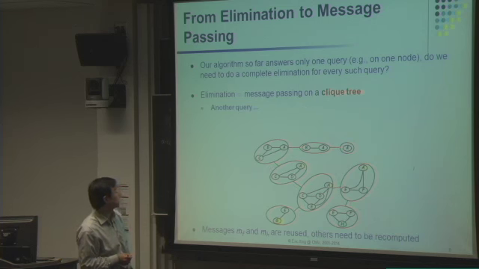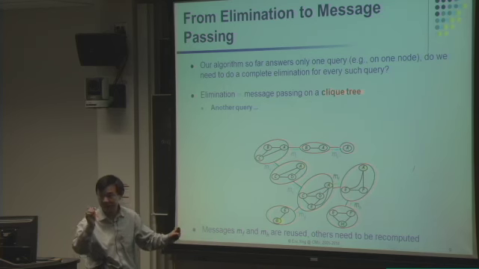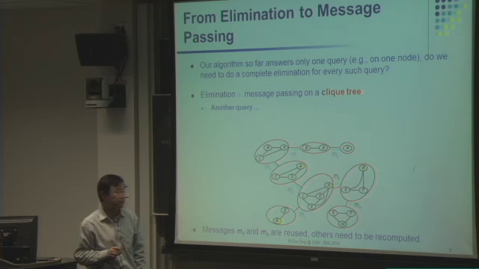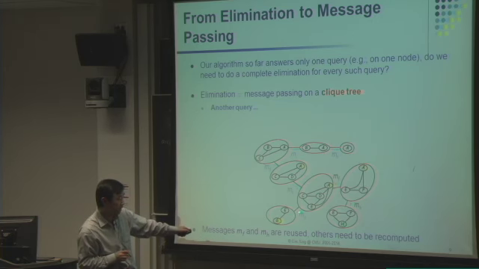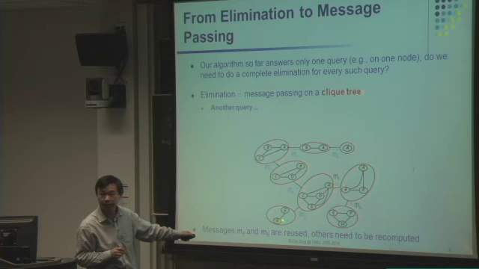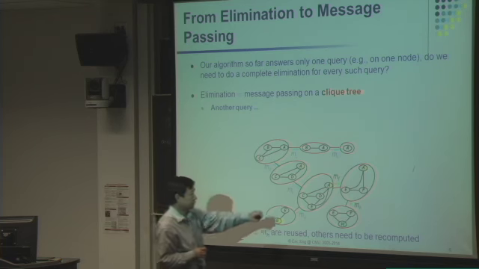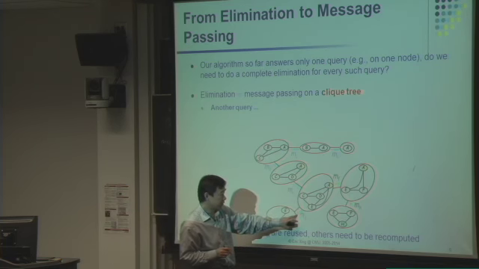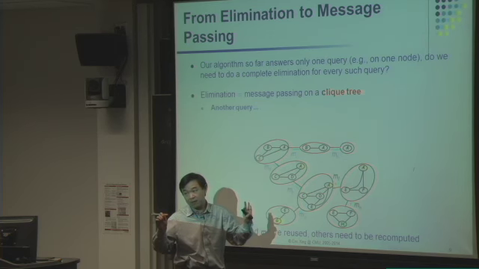For example, you may imagine that, instead of passing all the messages which represent the intermediate factors defined on the elimination clique, sending them to here, now they need to be gathered in here, okay? And just by inspection or good intuition, you will notice that the messages sent here and the messages sent to here may or may not be different.